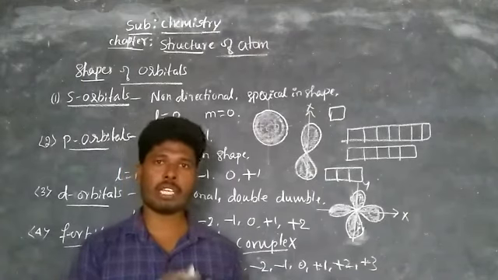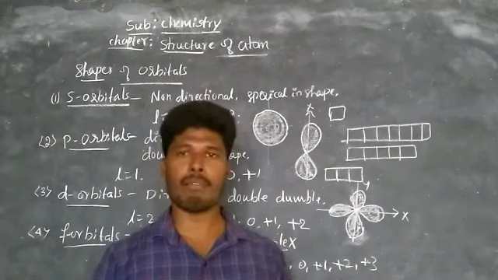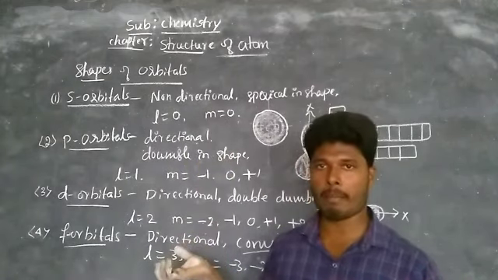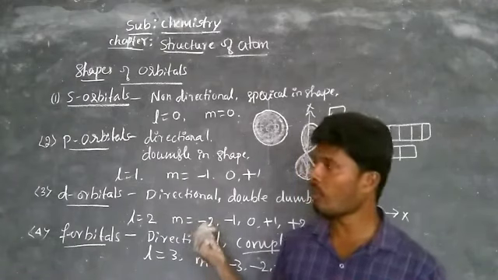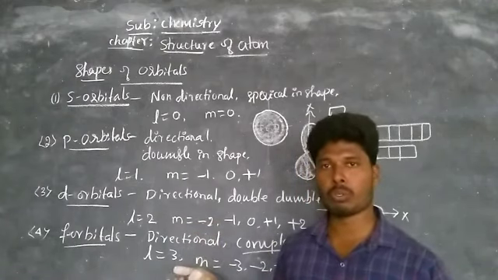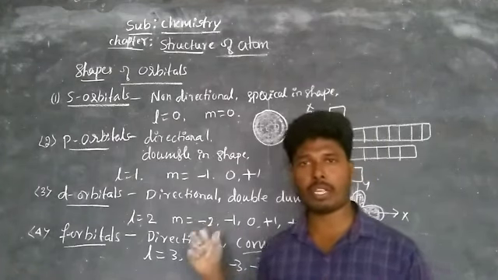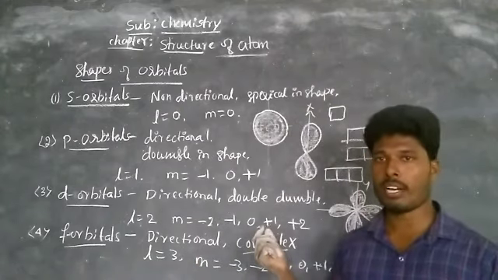Using this, we can predict many concepts, how atoms combine together and form molecules, how compounds are formed, what chemical and physical properties change, and how we get isotopes, isobars, isotones. All those concepts will be understood easily after knowing Schrodinger's wave equation, this quantum mechanical model, and the shapes of orbitals.